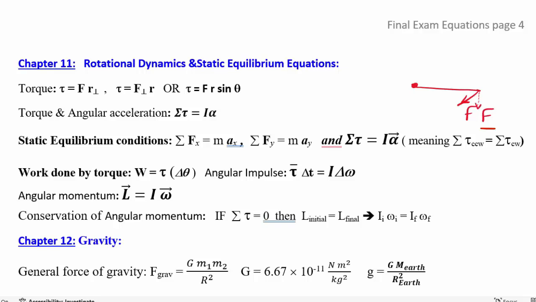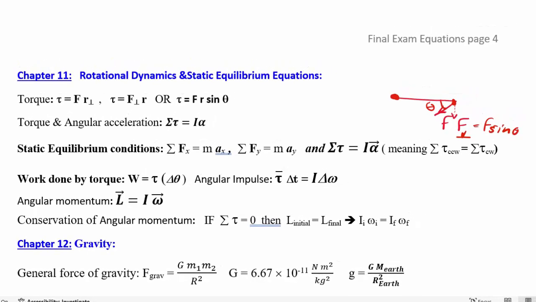So this component here. And the lever arm is the distance from the axis of rotation to the point where the force is acting. So if this angle is theta, the force that is causing the rotation will be equal to F times sine theta, where F is this force.